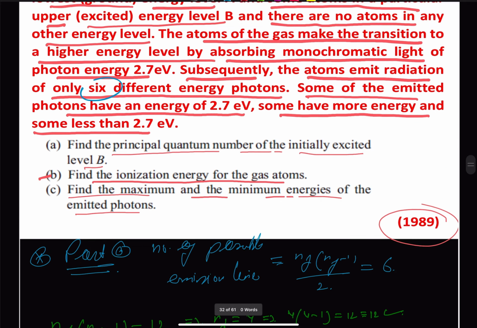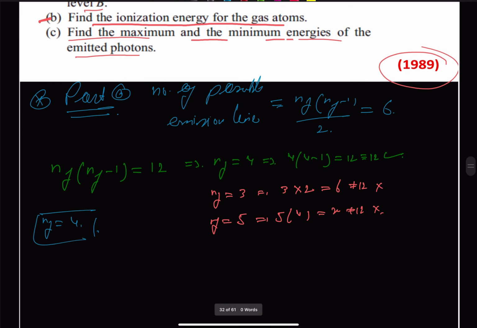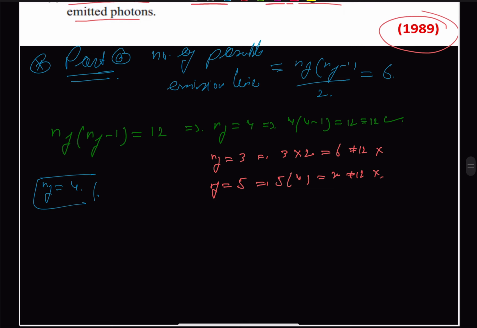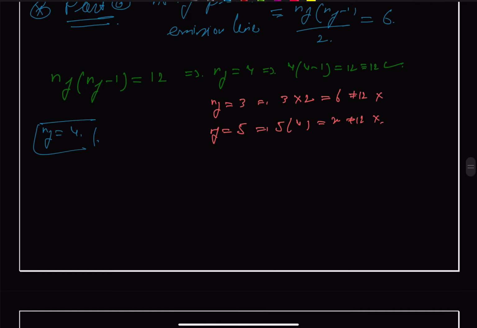Next we are going to find out the initial energy level from which the absorption takes place. For that we have to keep in mind that initially only 2 levels are occupied. It is either A or B. There are no in-between levels which are occupied.